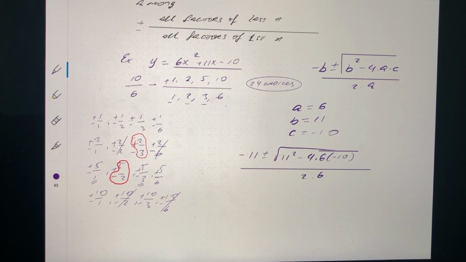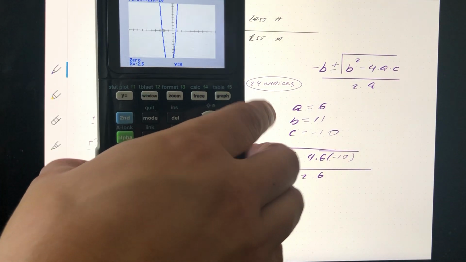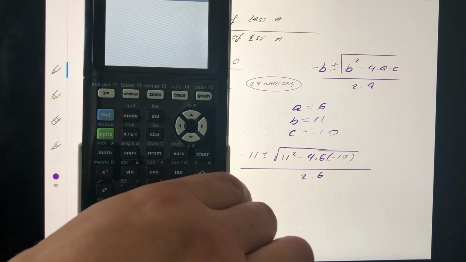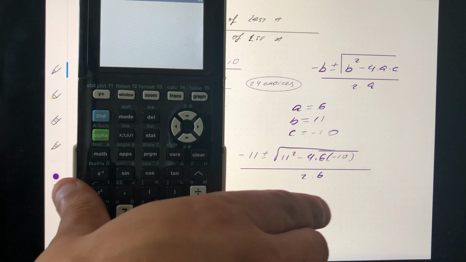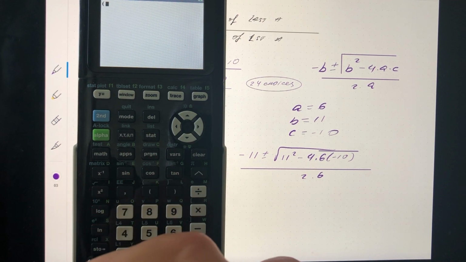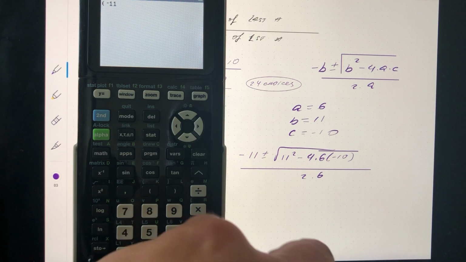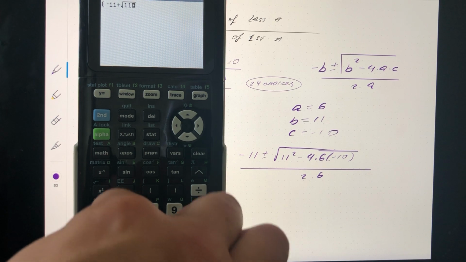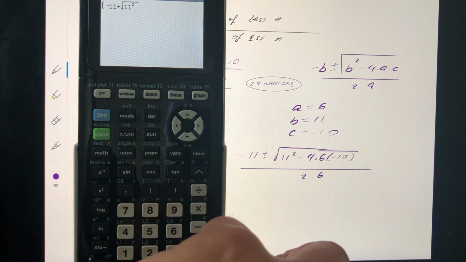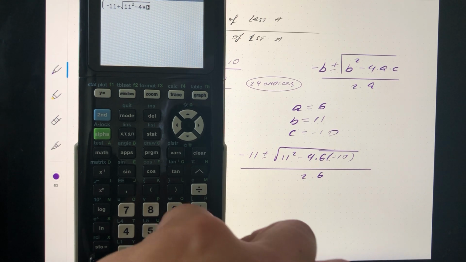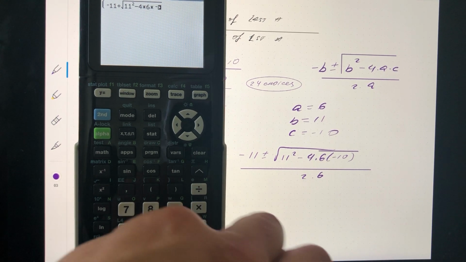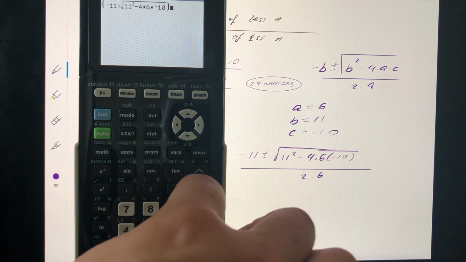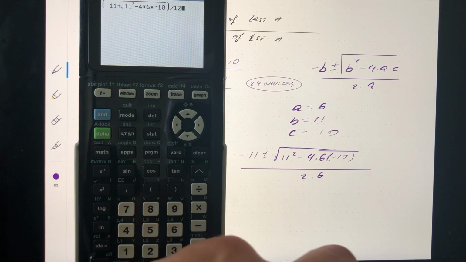With a calculator, we can type in everything that is under the square root. Actually, if we wanted to, we can type in the entire expression. All we need is an extra set of parentheses: -11 plus the square root of 11 squared minus 4 times 6 times -10, then move out of the square root, close the parentheses, divided by 2 times 6, that's 12.